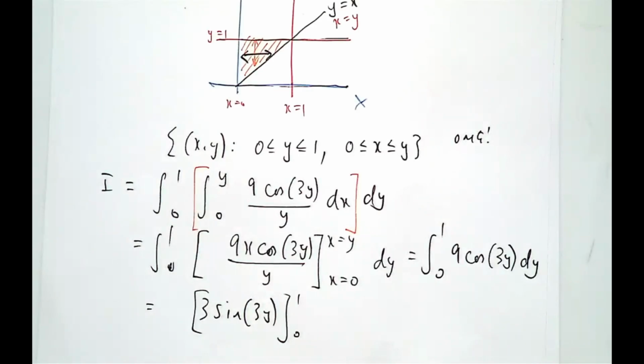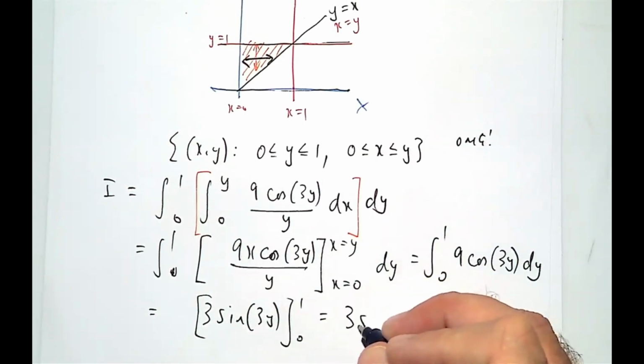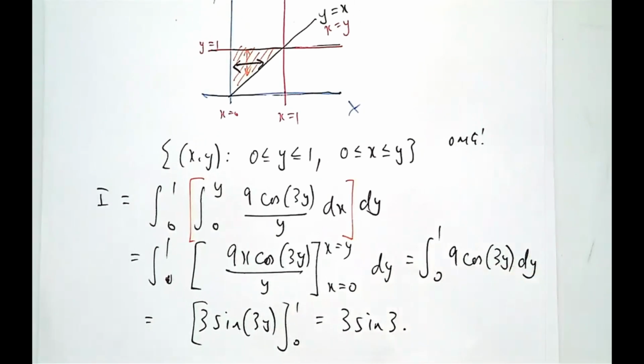When we plug in y equals 0, we'll get 0. That's it. 3 sine 3. Now you can integrate that by parts if you want to. I don't think that's what they want you to do. You can fight the power if you want to, but you still need to know this method, I guess. Questions?